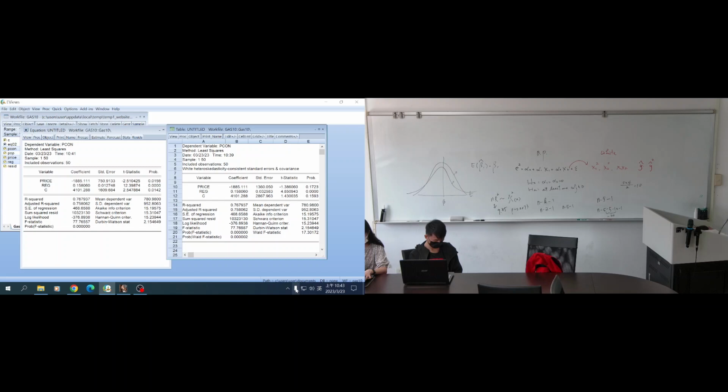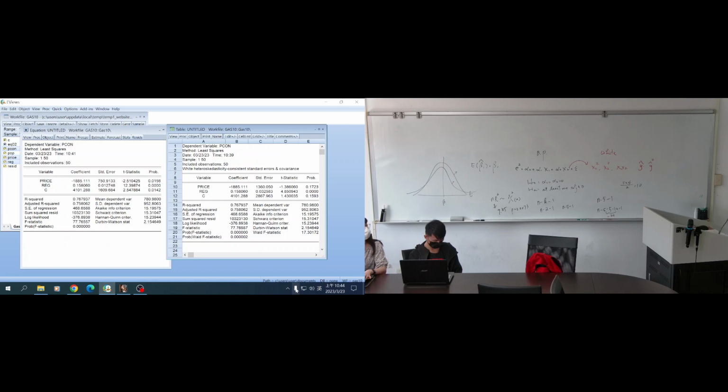But now, if we correct the standard error using White, then for the first one, price, the probability becomes 0.1723. But remember, the output always shows the two-sided test. And what's the intuition for the price and the consumption of gasoline, the petroleum? When price goes up, the consumption of petroleum goes down, which is a negative relationship.